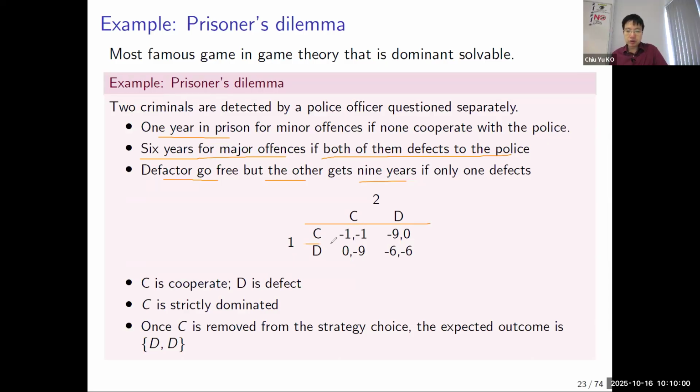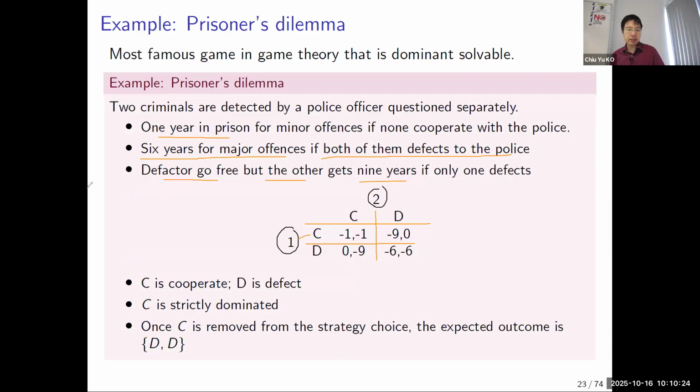So we will use this table to illustrate how we write the game. Remember, there are 3 elements in the game. 1, player set. You can see the player set is here, 1 and 2. Okay, this is the player set we write down here. Second, strategy set.